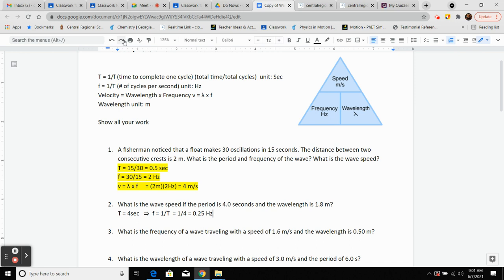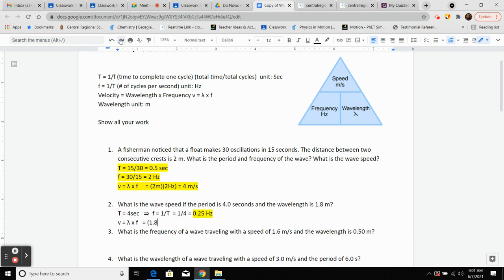Okay, now what they want is the wave speed. So I have my velocity equation up here, wave speed or velocity, same thing, is going to equal wavelength times frequency. I have frequency. Do I have wavelength? I do. It's given to me in the problem as 1.8.